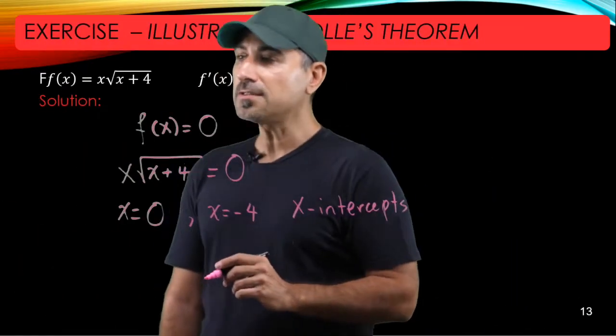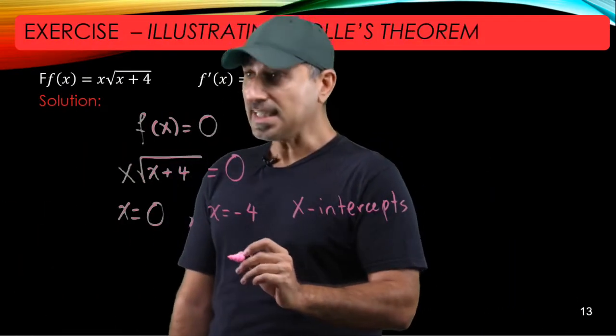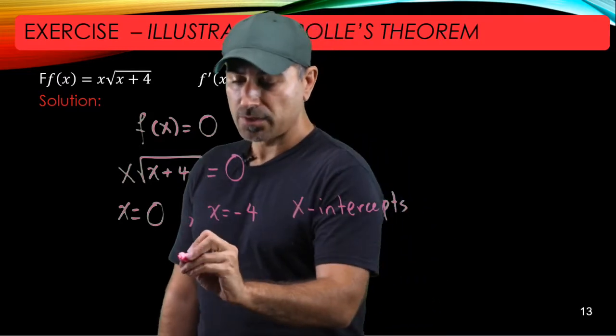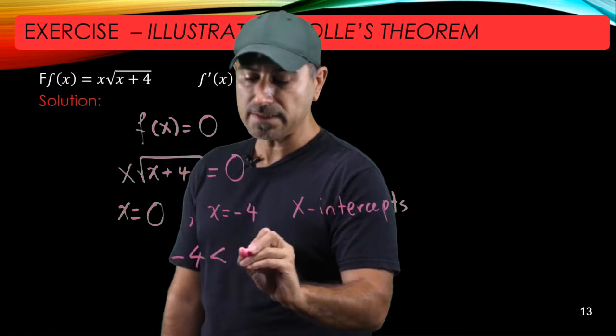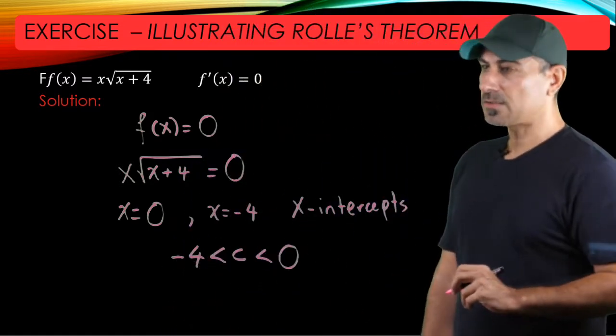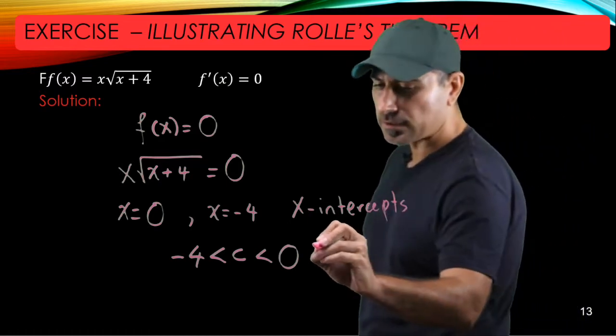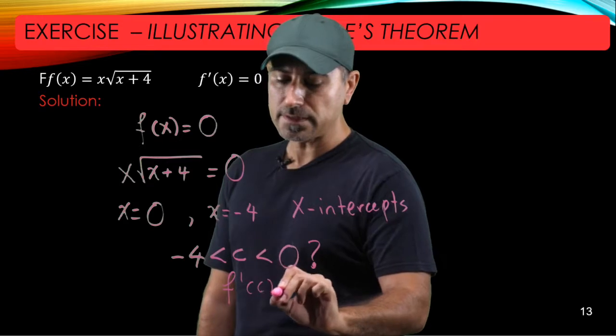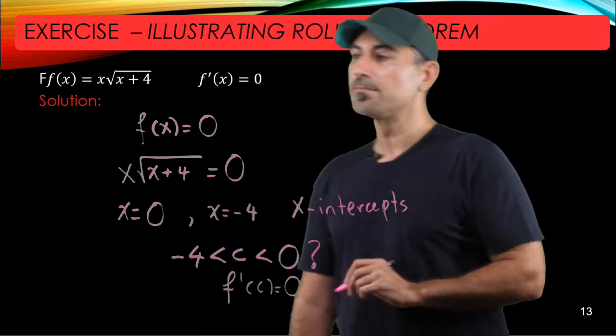And now we're looking for a number c in between these endpoints. So in other words, is there any c such that c is in between negative 4 and 0, and f prime at c equals 0?